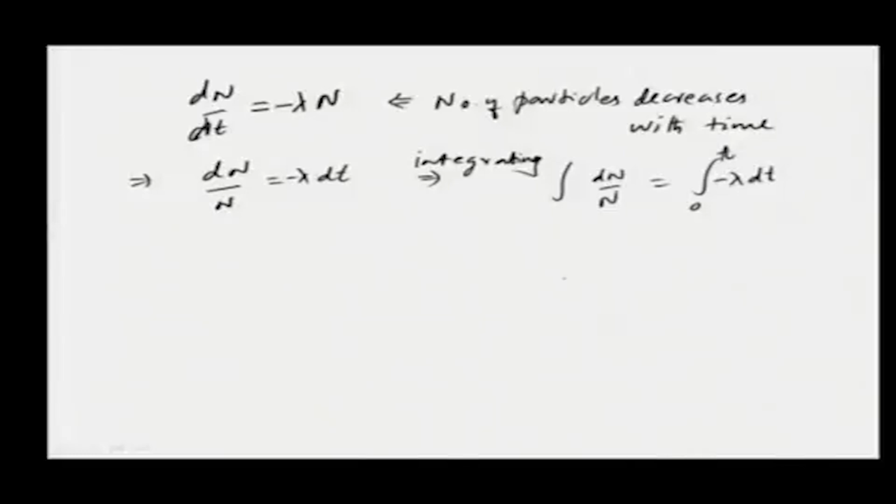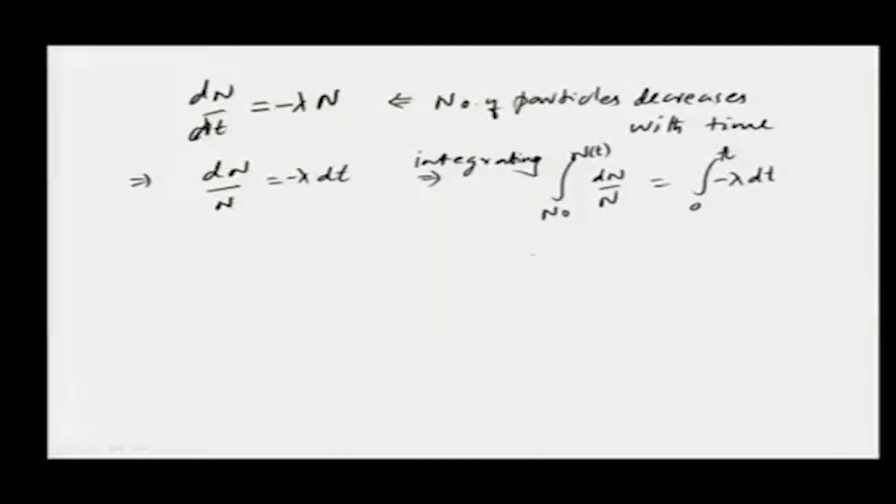So, integrate from 0 to t, with corresponding n values: n 0 is the number of particles present at t equal to 0, and n t is the number at time t. Left hand side limits are n 0 to n t, and right hand side from 0 to t.